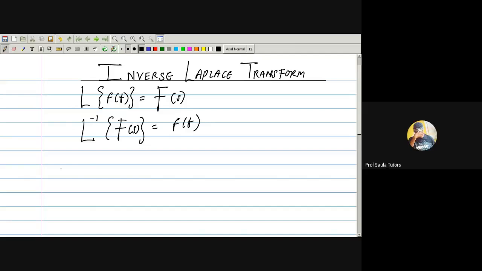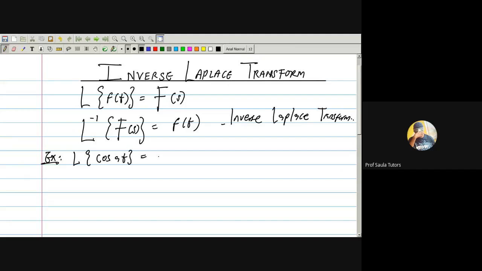For example, recall yesterday the Laplace transform of cosine of at.